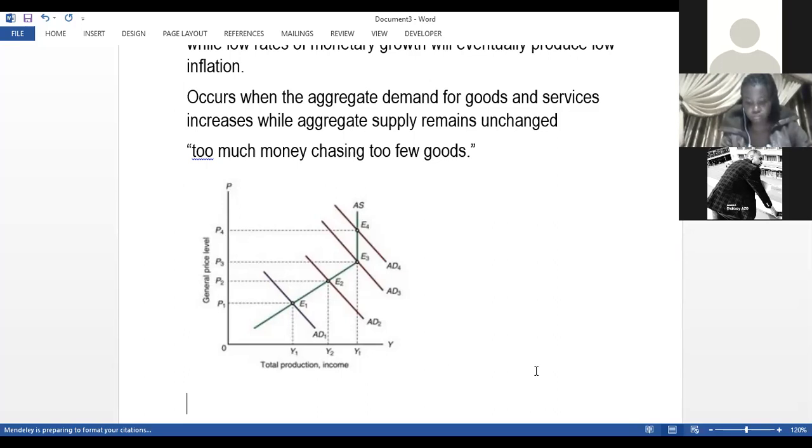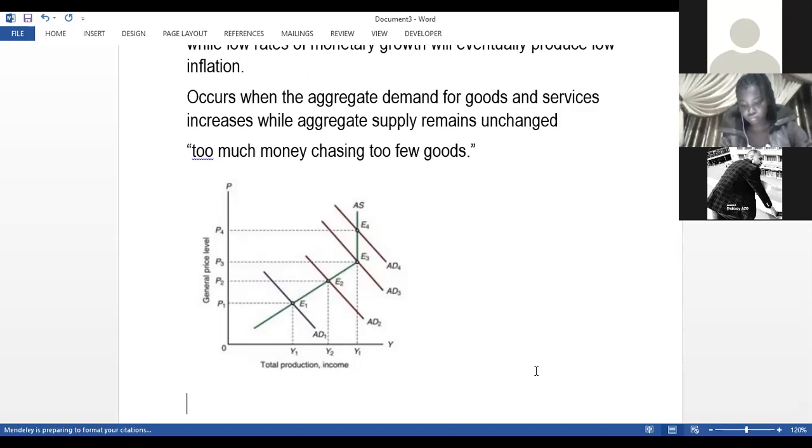All right, so for the purposes of explaining demand pull inflation, we are saying that we are having too much money chasing too few goods. It means that we're going to be having a shift in the aggregate demand graph from AD1, AD2, AD3, up to AD4.